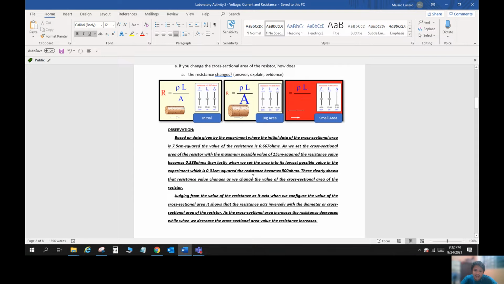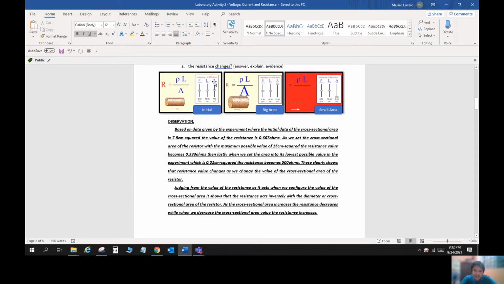So simply in Tagalog, kapag tinataasan daw natin tong diameter ng area o ng diameter ng wire conductor or tinataasan natin yung area niya, yung resistance naman niya ay mas bumababa. Okay?